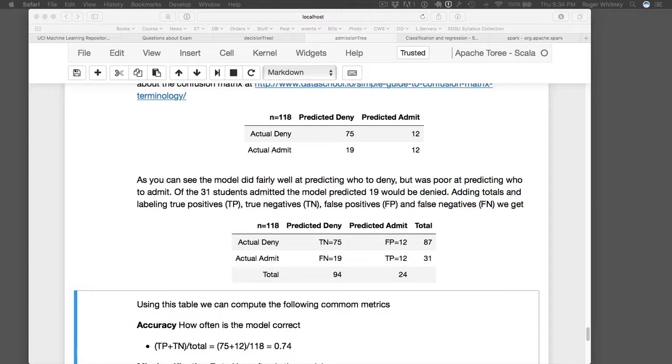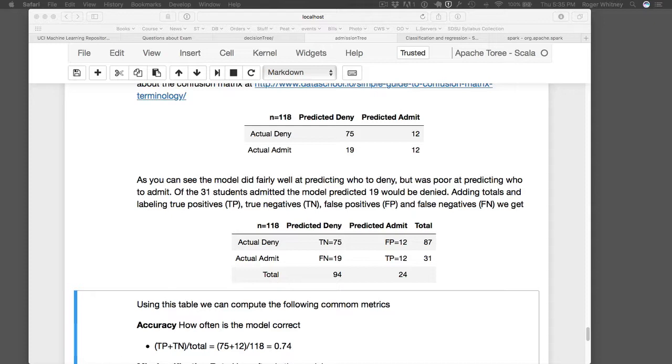How many did the model predict they would deny, and how many did it predict they would admit, right? And that gives us some feel for how well it's doing, in the sense of how many did it get right, and how many did it get wrong in the various categories.